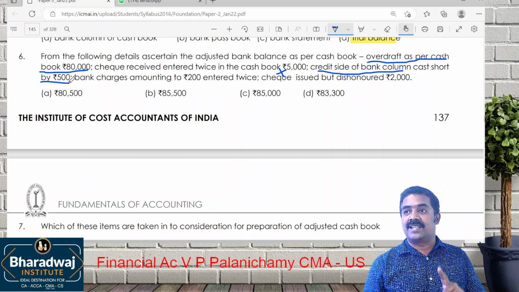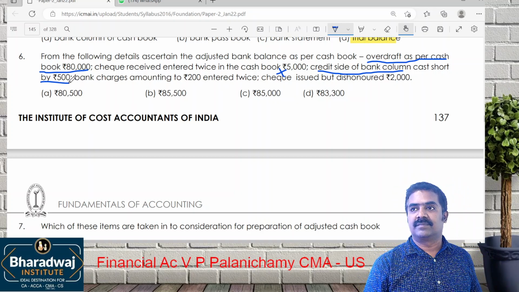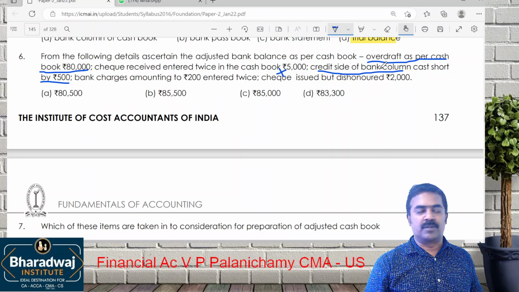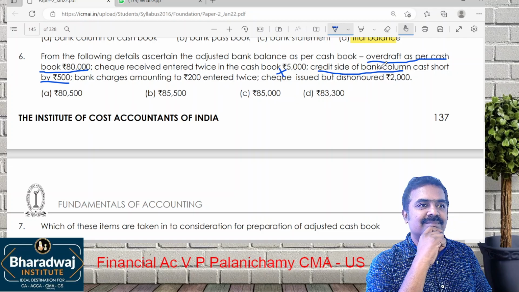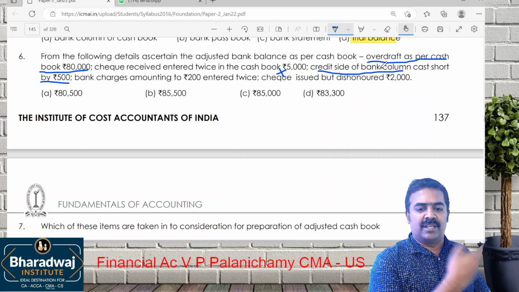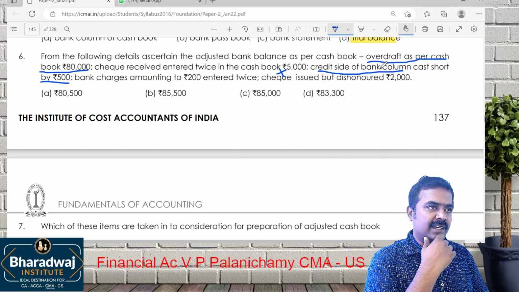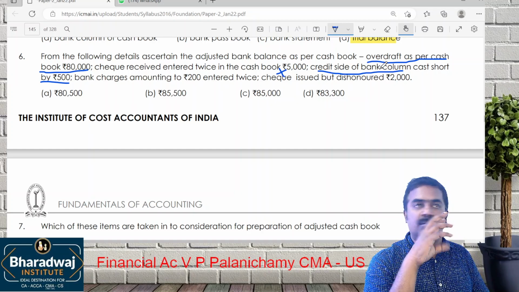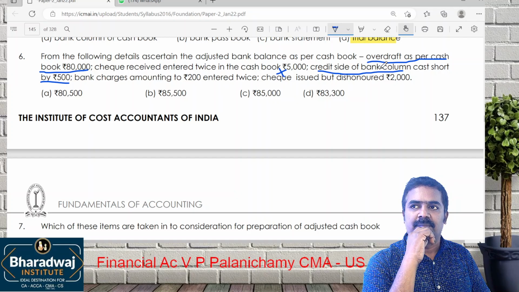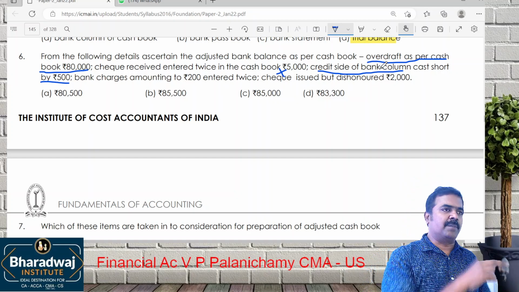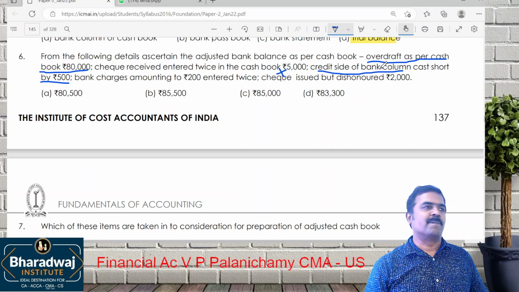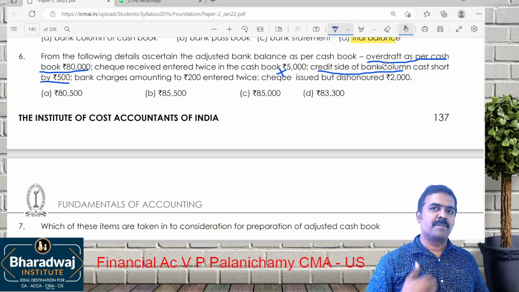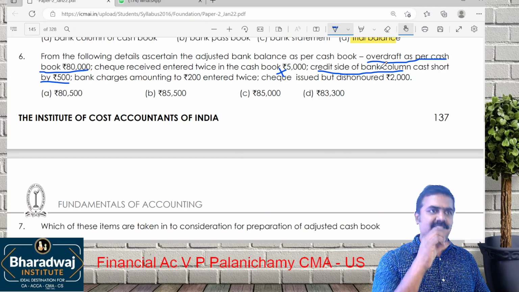The mistake is in the cash book or passbook? Cash book. Credit side means payment side. In the cash book, payment side, we have entered a lesser amount.